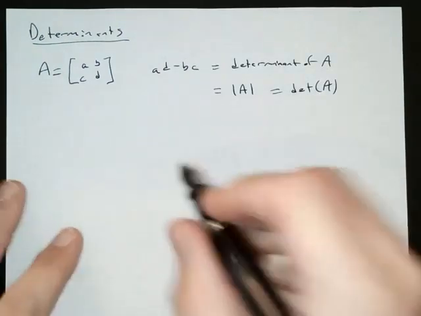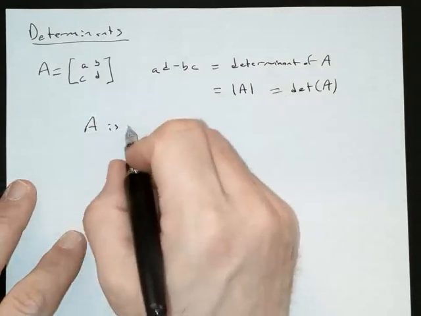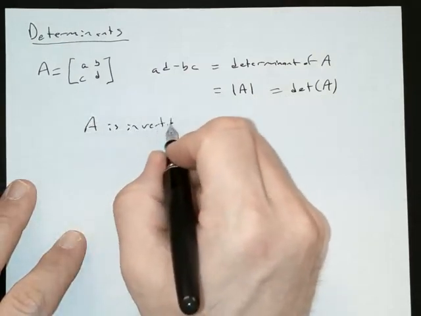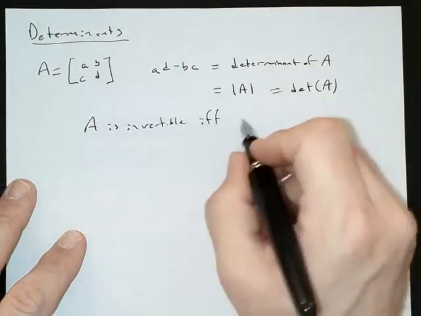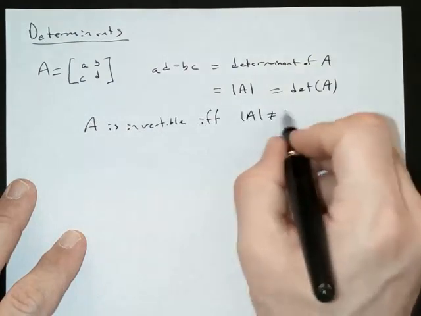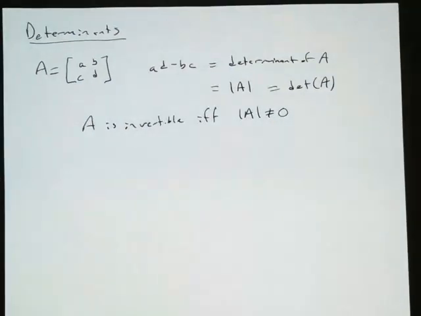And what we have come to already understand is that A is invertible if and only if the determinant of A is not 0. But we had this huge list of equivalent ideas, things that meant the same as being invertible.